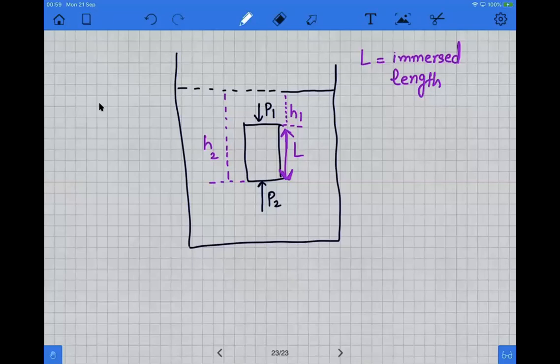of the object. Then you see, the formula for P1 will be P1 is equal to rho G H1. P2 is equal to rho G H2.